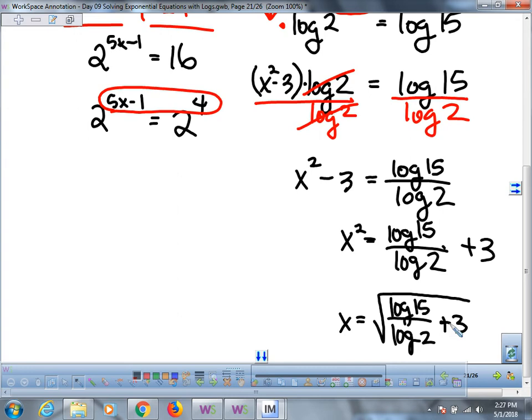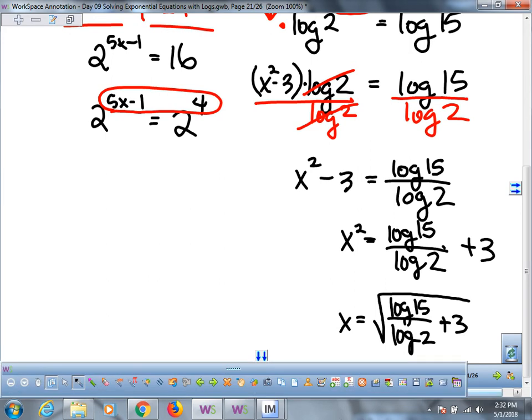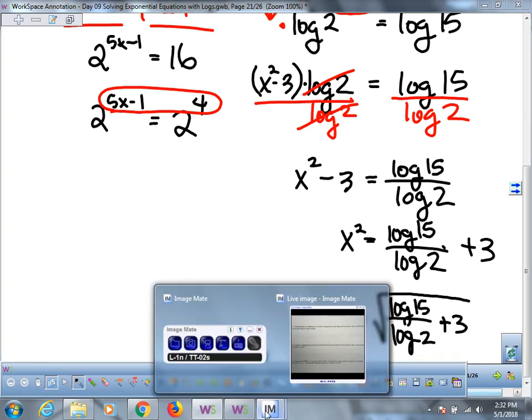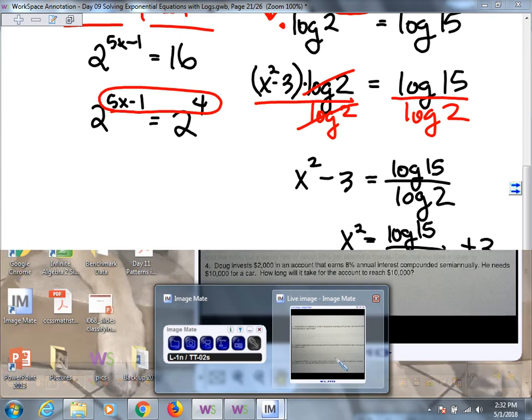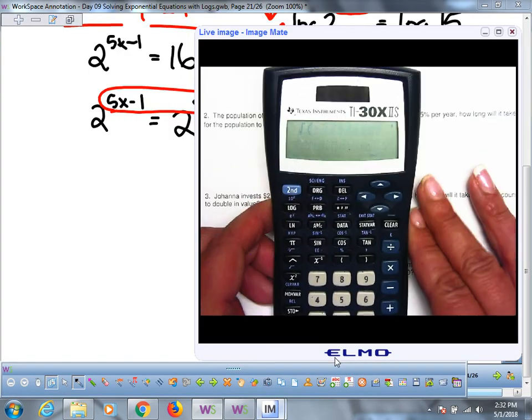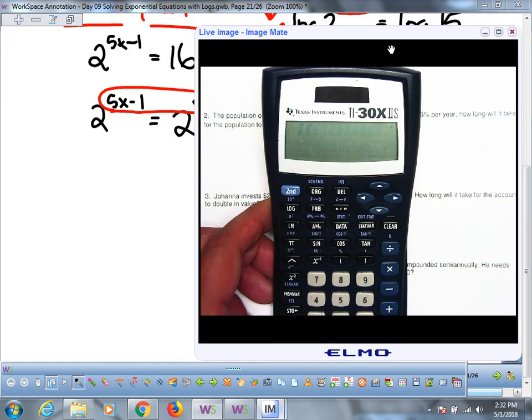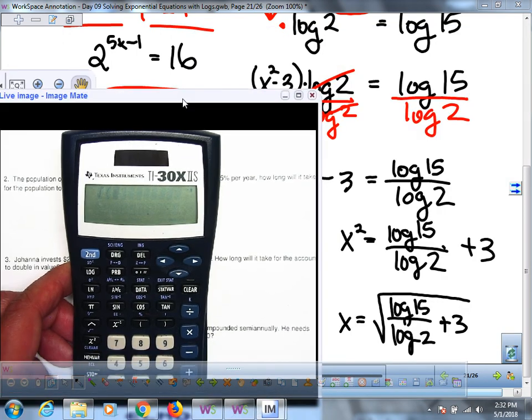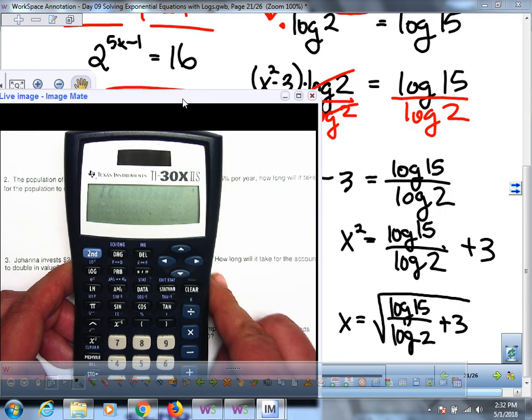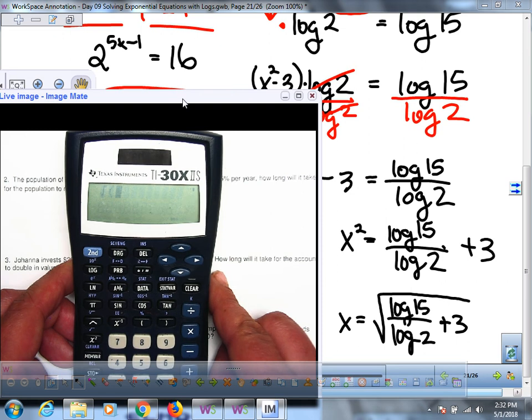Let's put it in a calculator. Make sure you guys can do that. So I do second the square root. Parentheses are going to be your friend on this one. So we have square root, then I'm going to put another parenthesis in there because I'm doing a division problem first.